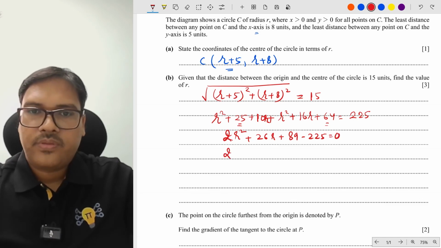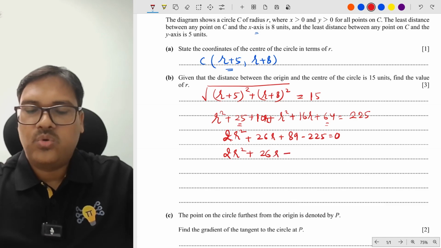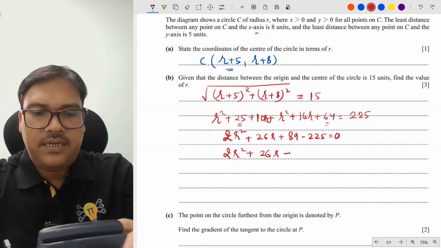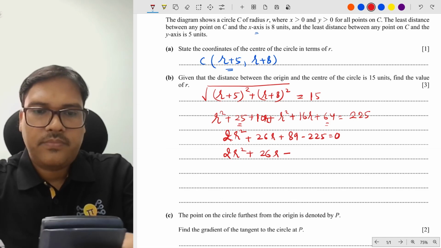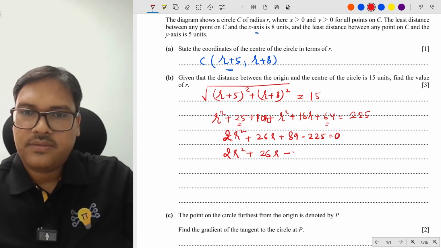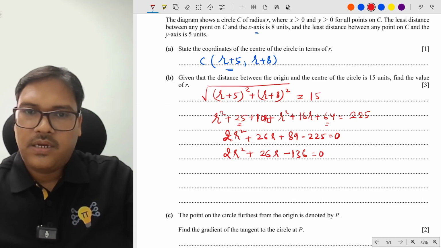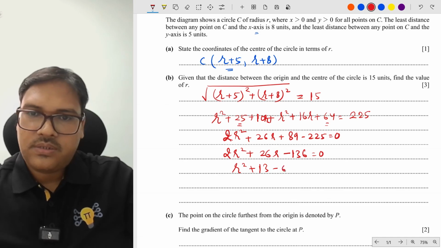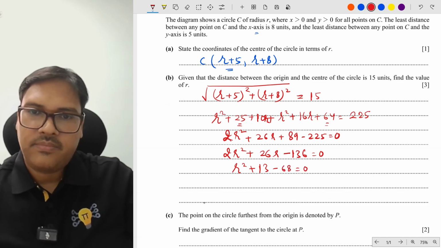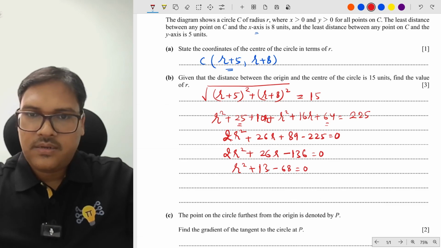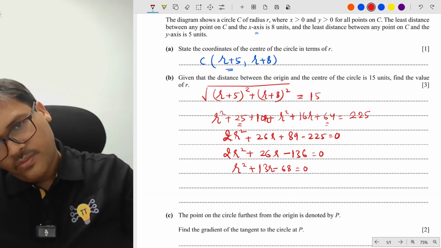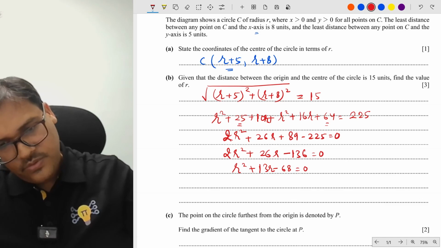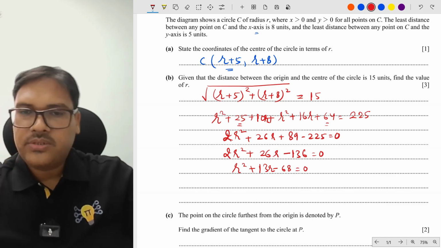So this will become 2r square plus 26r minus 136. In fact, we can cancel out a factor of 2 also. This is r square plus 13r minus 68. Now you just have to solve this equation.